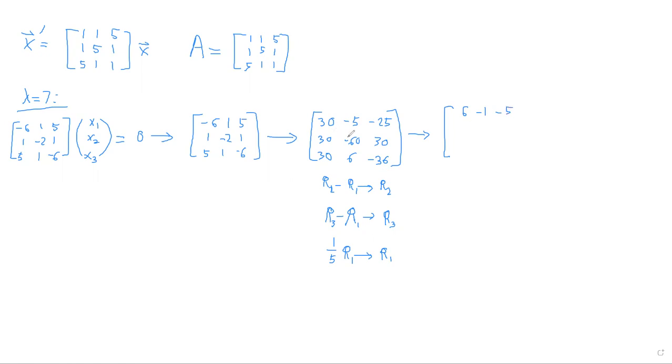R2 minus R1 goes to R2, so that's 0. -55 and 55. And here it's 0. Or let's see, 0.